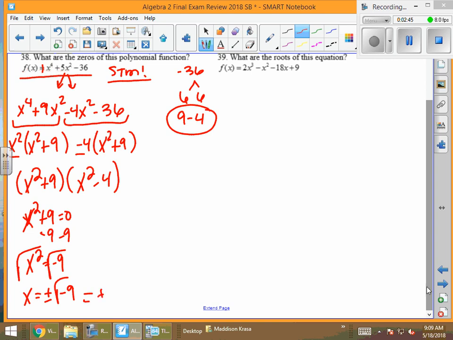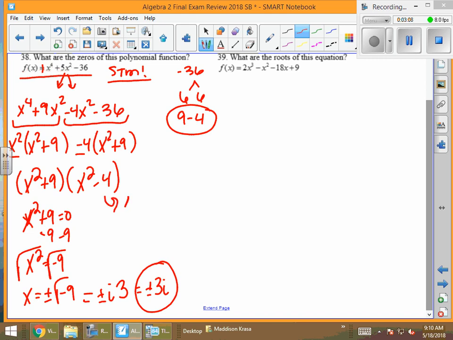Well, we know that when we have a negative inside the radical, we bring out i, and then radical 9 becomes 3. You can write it as plus or minus i3. Typically, we like to say it 3i, so we write 3i for our final answer on that one. So that is two of our answers.